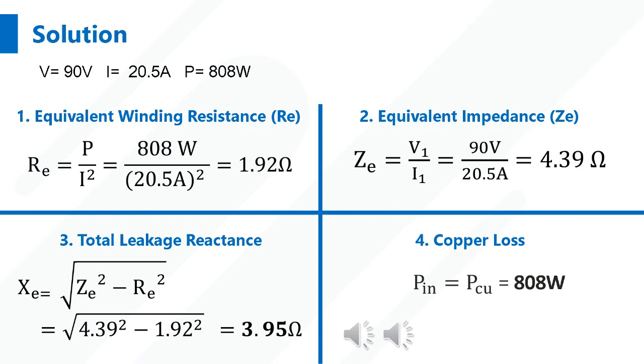So, square root of equivalent impedance, which is 4.39 squared, minus the equivalent winding resistance, which is 1.92 squared, is equal to 3.95 ohms. So, for the copper loss, ulitin ko, yung copper loss is equal to the input power, which is 808 watts.